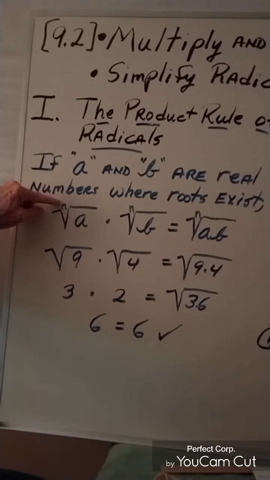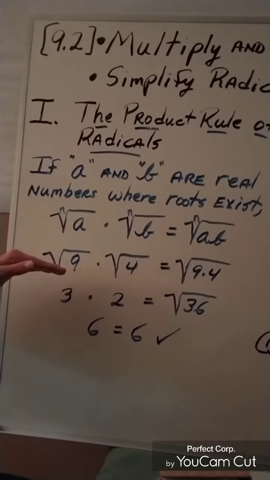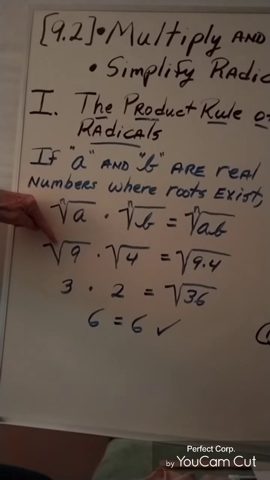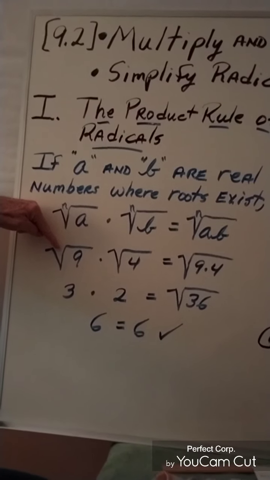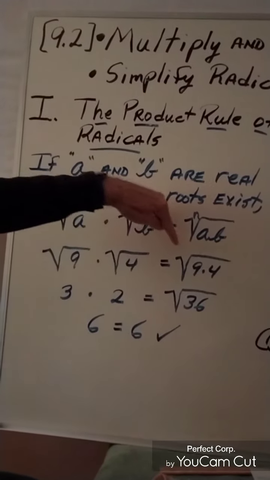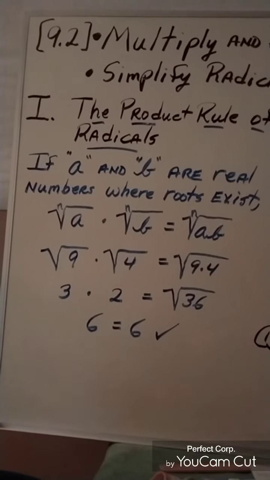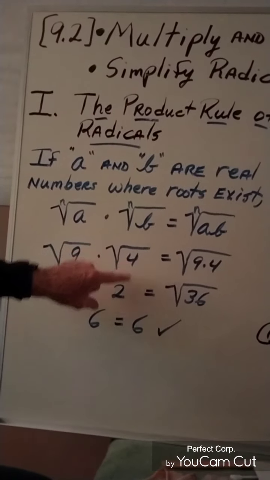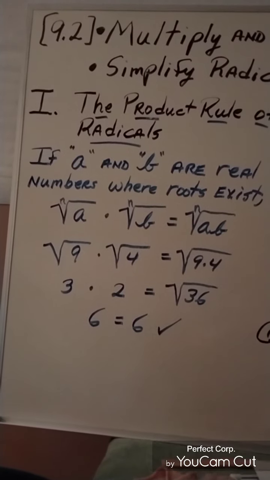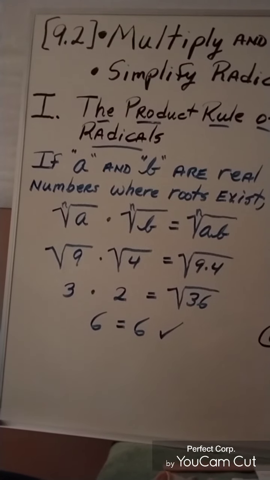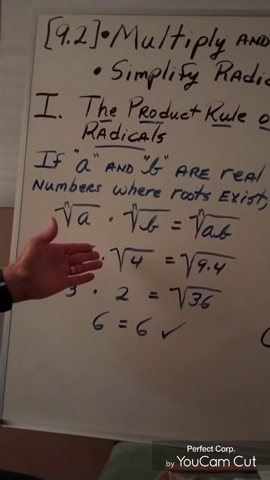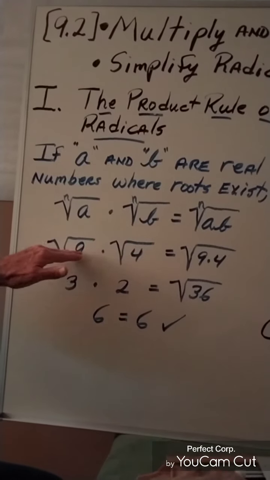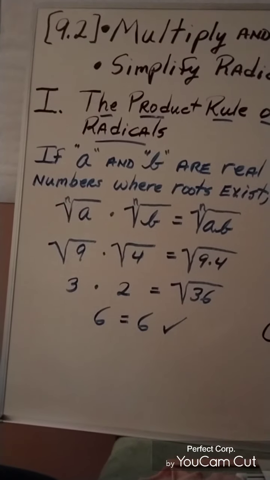Let's assume that n, the index for our proof, is going to be square root. So in other words, we don't see the little index of 2, but there's actually a 2 there, a 2 there, and a 2 over there on the right-hand side. Our value of A is 9, and our value of B is 4. I wanted to pick perfect squares to show the proof, but we could pick any non-negative number for A and B, and it would still prove out to be true.